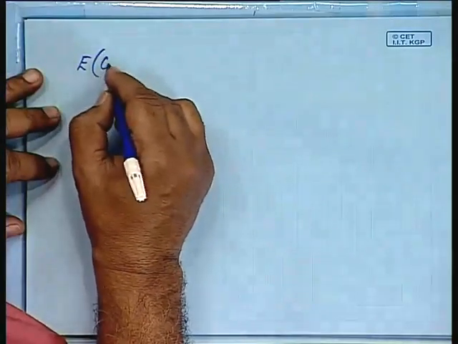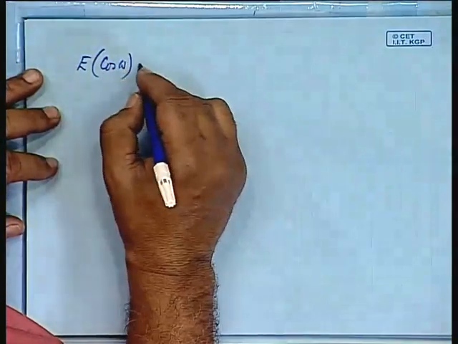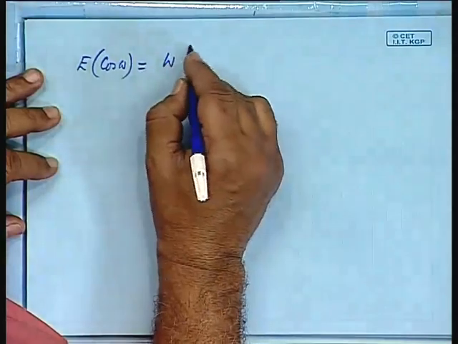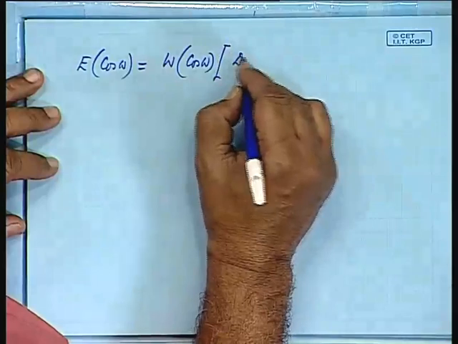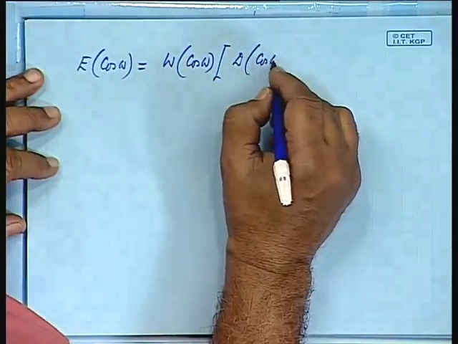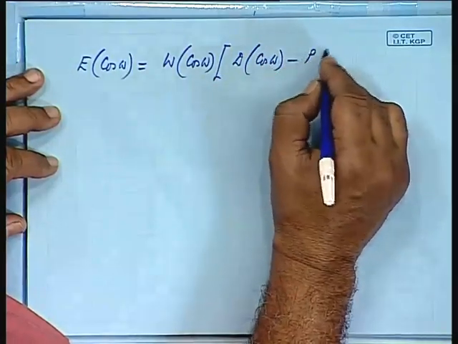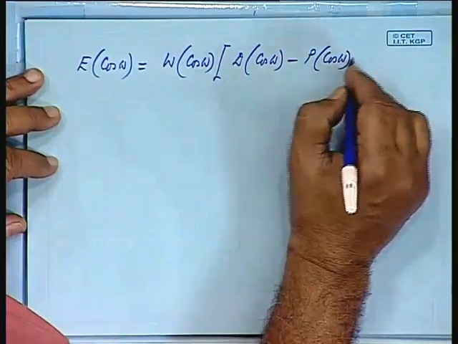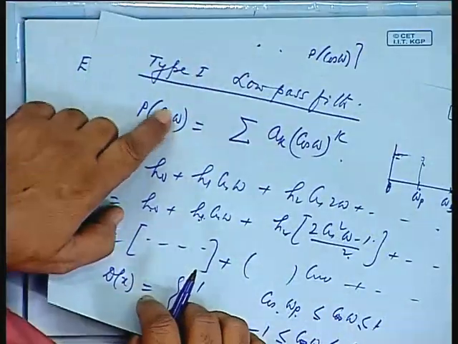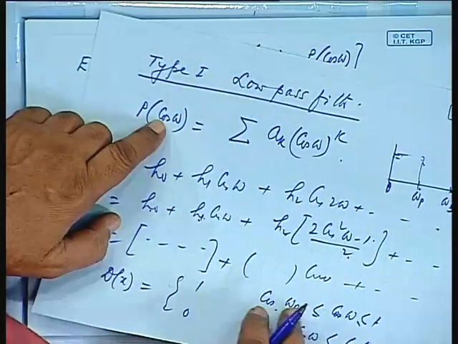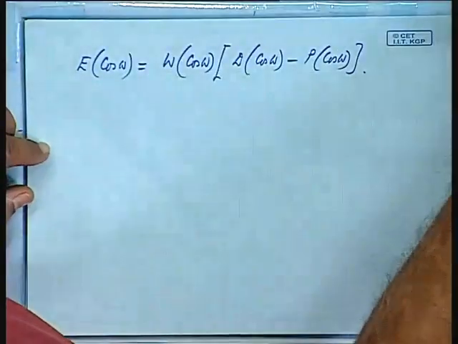Ex, which is now cosine omega, should be W cosine omega times D cosine omega minus P cosine omega. Our polynomial is in terms of cosine omega. X means cosine omega.